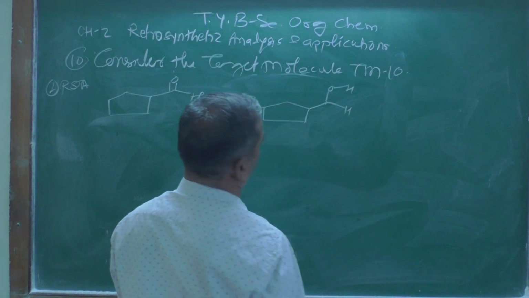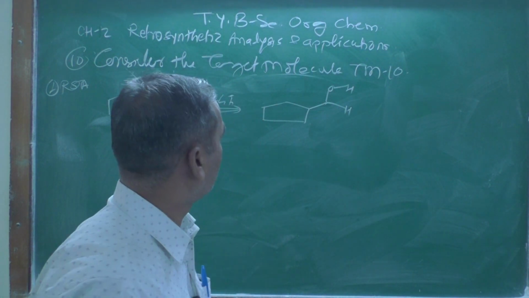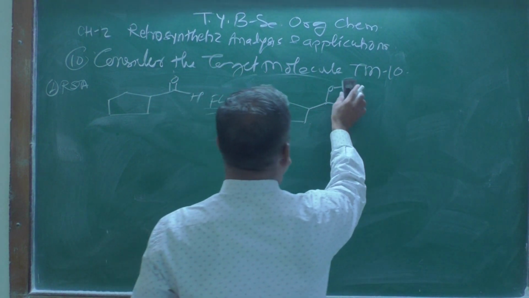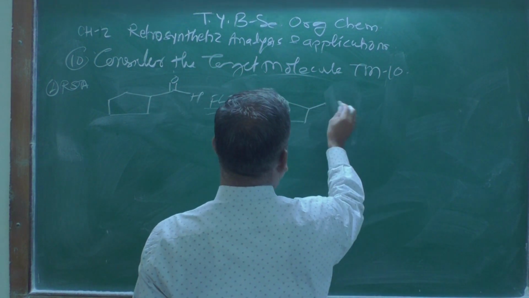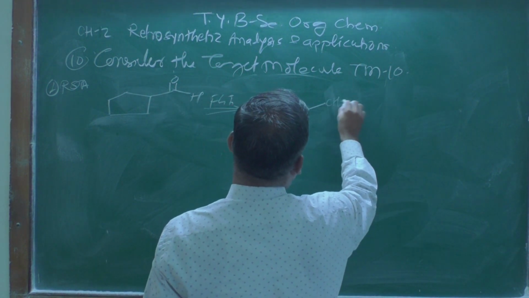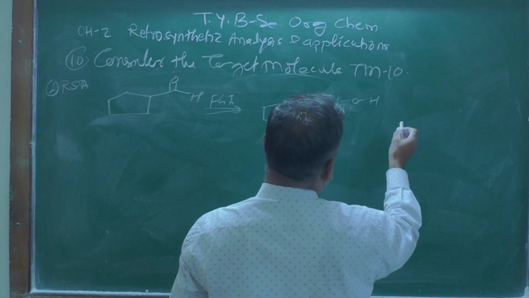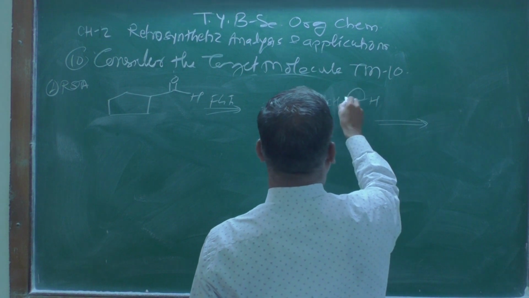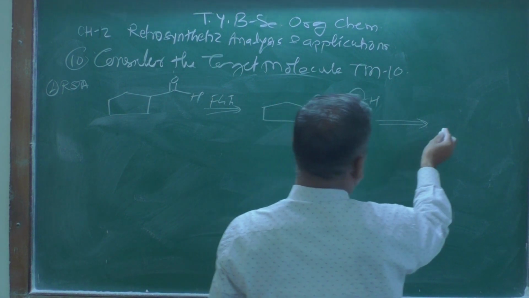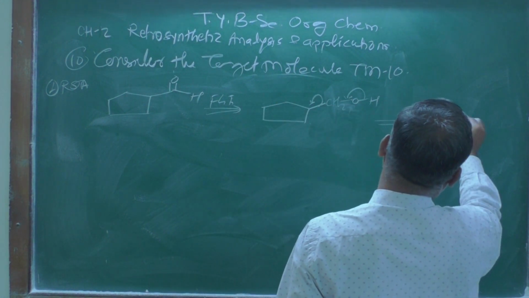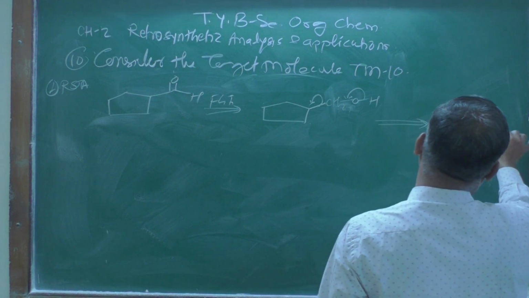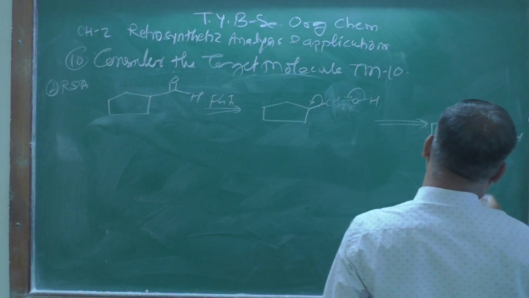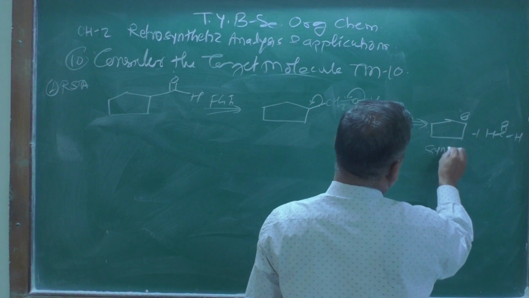Here like this, or in this way you can represent this CH2 and OH like this. And once you get the alcohol, we can do the retro of this in this manner. Here you will get a negative charge, and one more compound is formaldehyde, and this is known as a synthon, right?